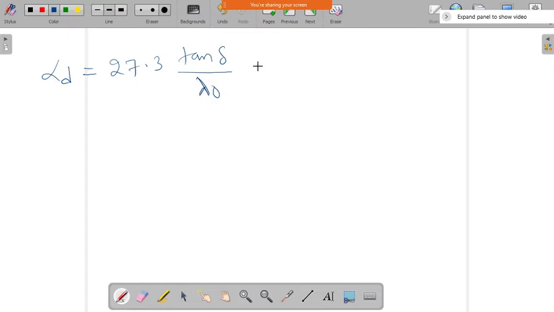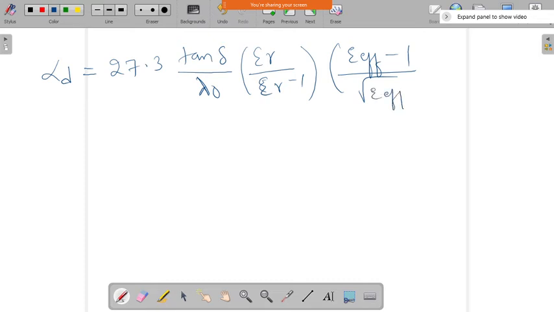And this is the expression for finding the dielectric loss of a microstrip line. It is represented in dB per centimeter, how many dB of attenuation happen per centimeter.